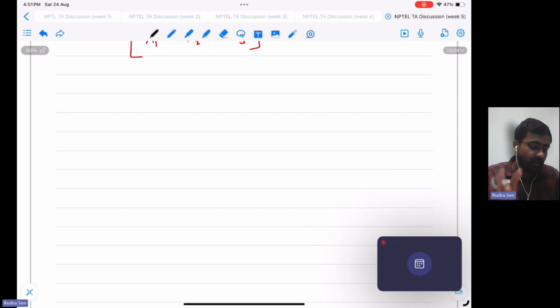We know that this is basically very easy. So what diagonalization have we seen? A is equal to P lambda P inverse, right?